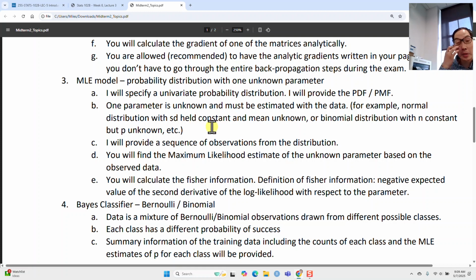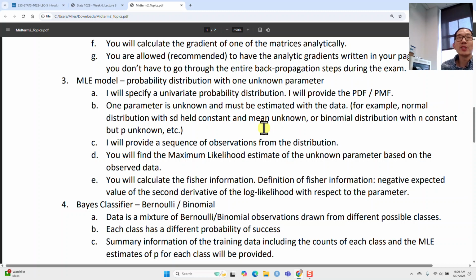So I think an example that we had in our lecture was a Bernoulli or binomial, where the proportion p is unknown, or you could have a normal distribution. The normal distribution has two parameters, and so we'll just have one unknown parameter. So for the normal distribution, we might just say, here, use this for your standard deviation, estimate the mean.